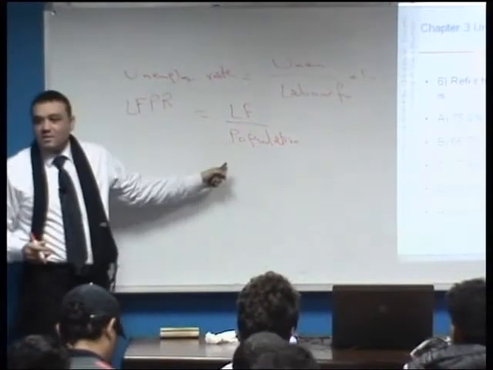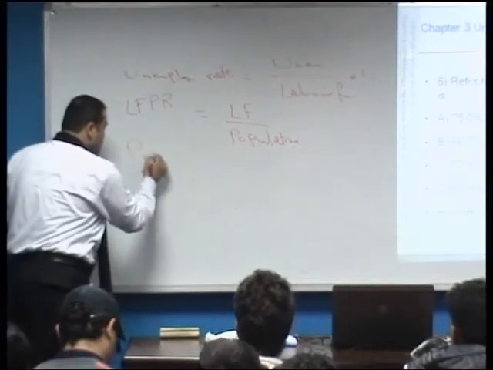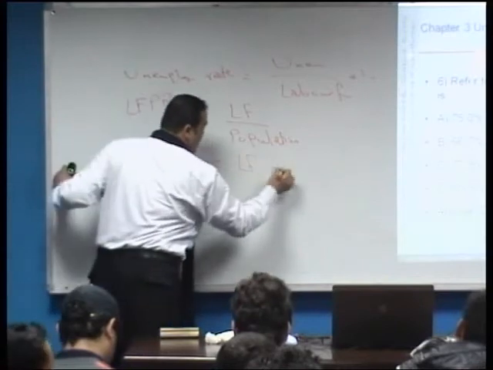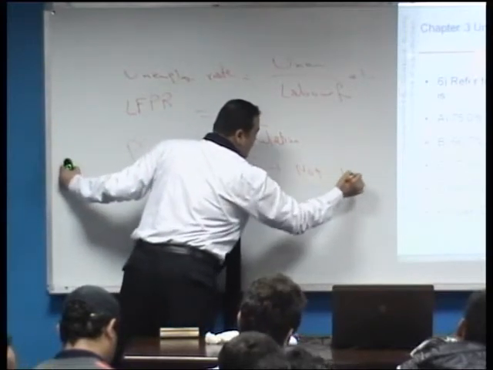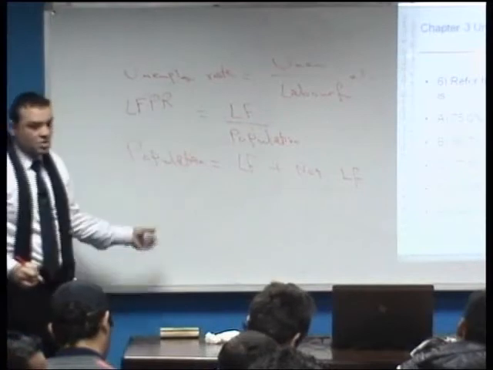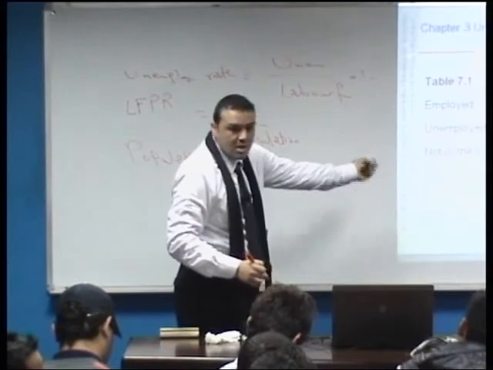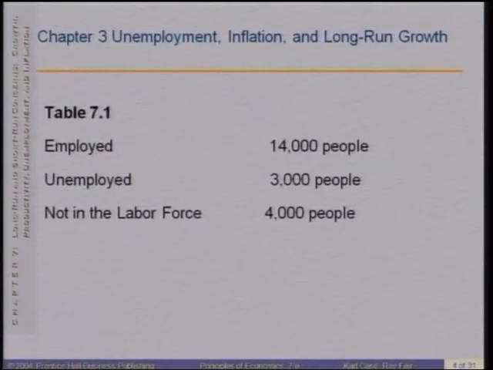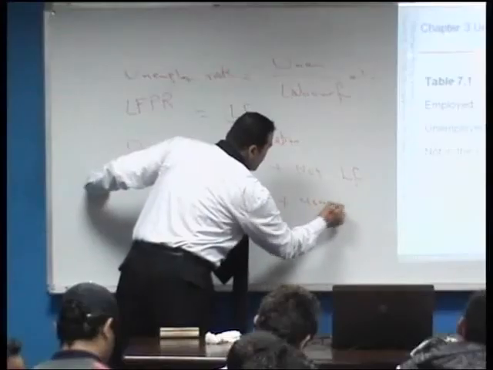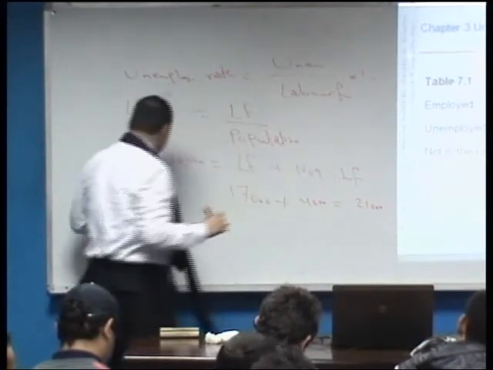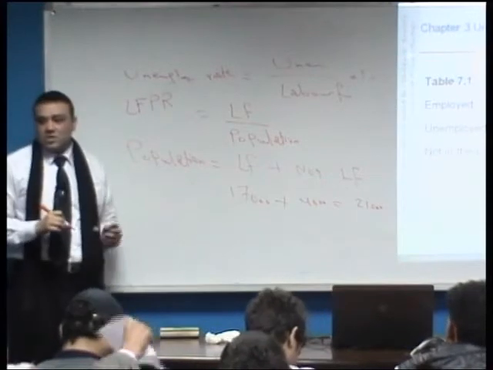We have to calculate the population. Population, labor force plus not in the labor force. Right? So in this case, the not in the labor force is given, and the labor force is already calculated. So 17,000 plus 4,000 equals how much? 21. This is what? The number of population, or the population.